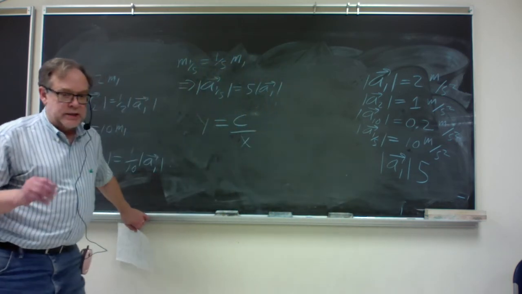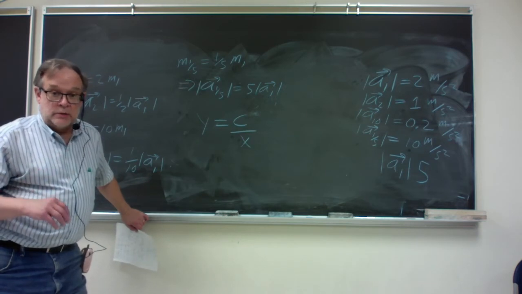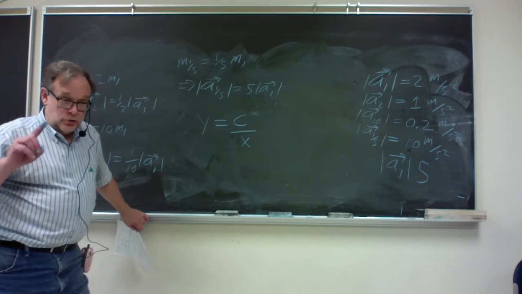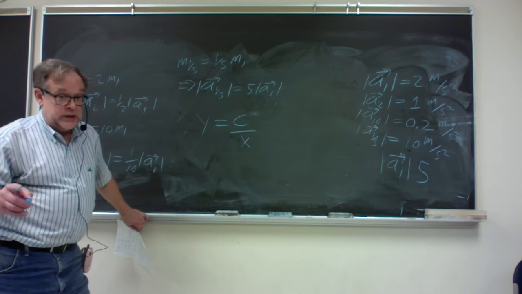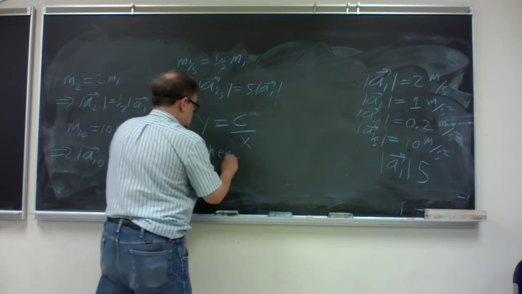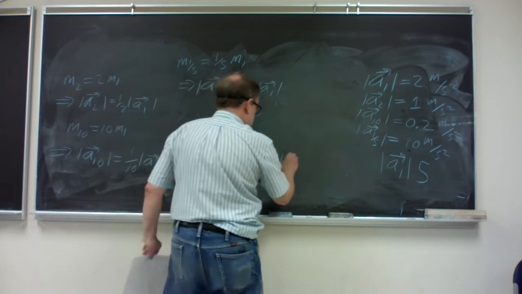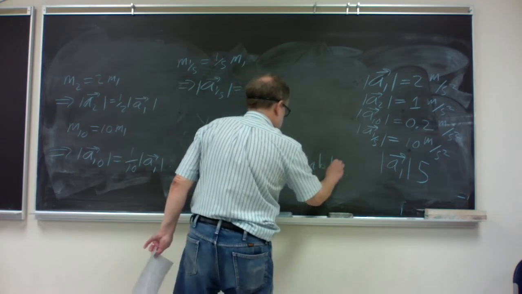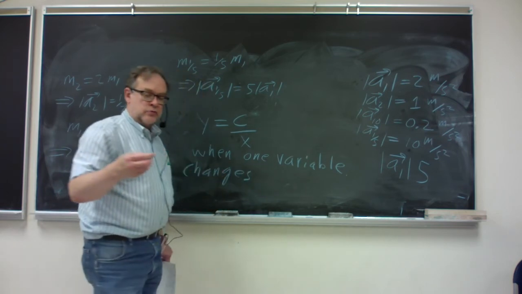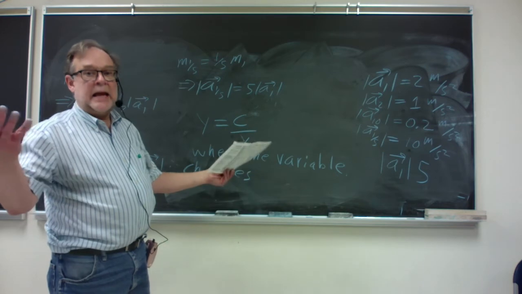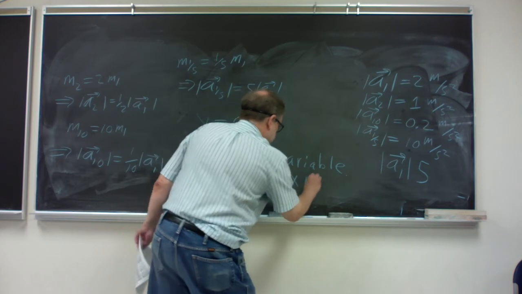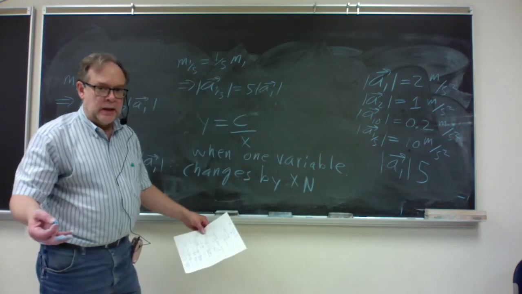We can be a little bit more precise about how much something increases and how much something decreases in inverse proportionality. And the rule, you should keep this rule in mind, learn it. It's that when one variable changes by a factor of, let's say the factor n, change by a factor of n just means we multiply it by n.